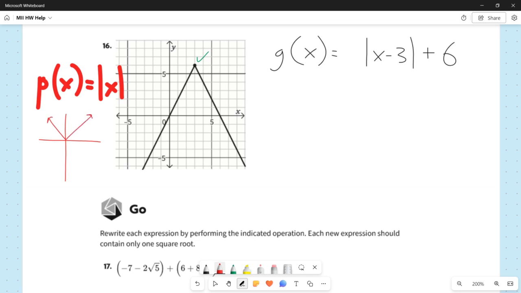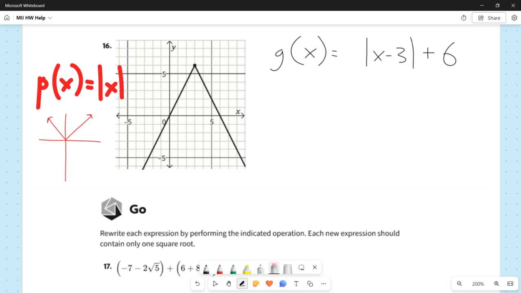That's the parent function. And the rate of change for the parent function is up 1 over 1, up 1 over 1, up 1 over 1. In this graph, there have been two more changes that we haven't yet accounted for in our equation.